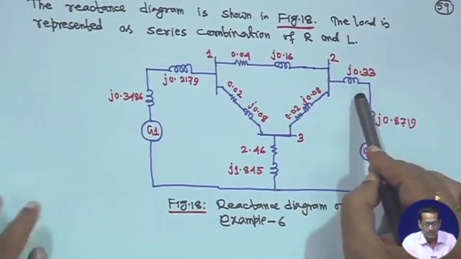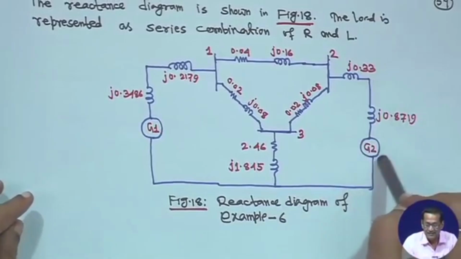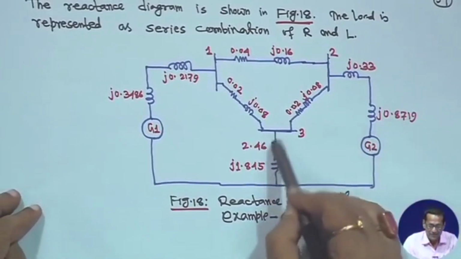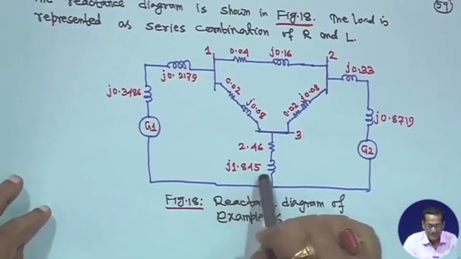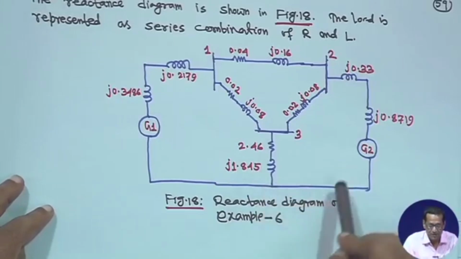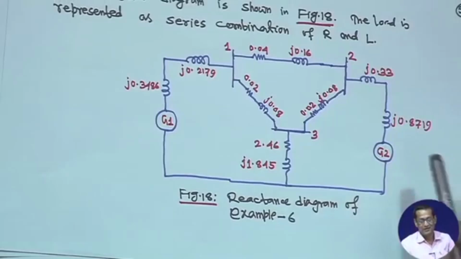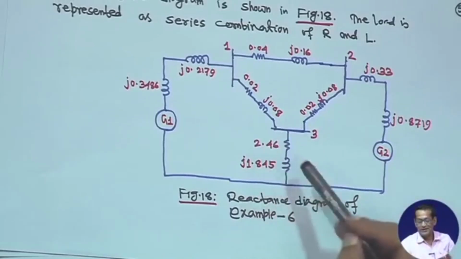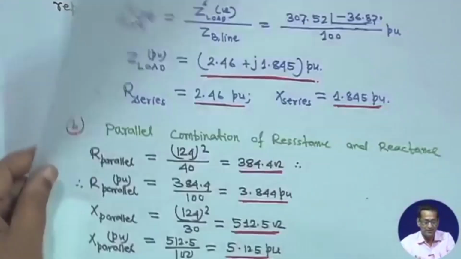This is also transformer T2 J 0.33, and this is generator 2 reactance. After that is the load, 2.46 the resistive part and this series reactance part. With this the connection is complete. I have shown you only the series part, and the parallel one you can do.